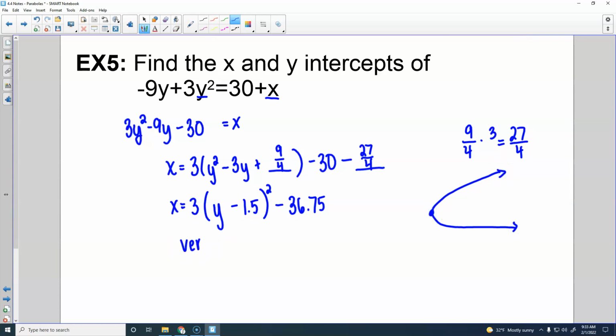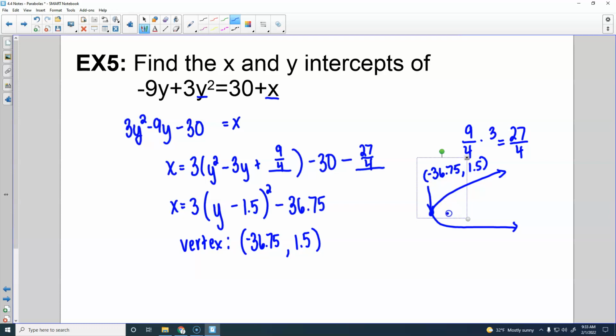Vertex is going to be at the y coordinate is the opposite of this, 0.15, so we'll have positive 1.5. We get negative 36.75 here. So this is our vertex right here at negative 36.75, 1.5.